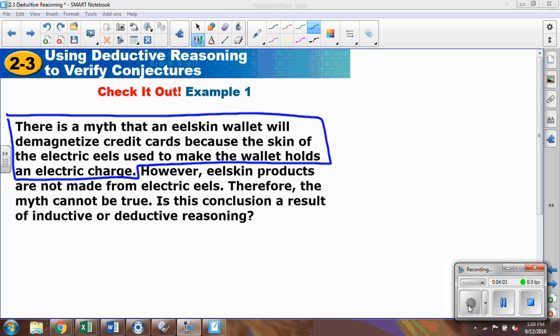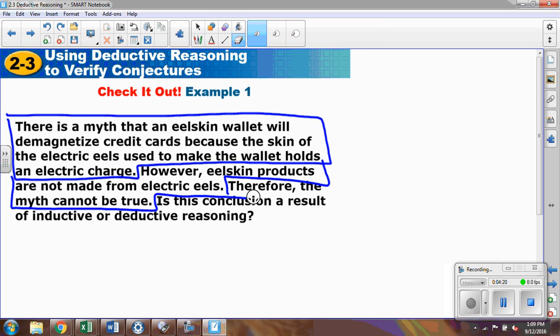In actuality, though, we can present some evidence and say eel skin wallets are not made from electrical eels. They're made from different kinds of eels. Based on that, we reach the conclusion the myth can't be true.